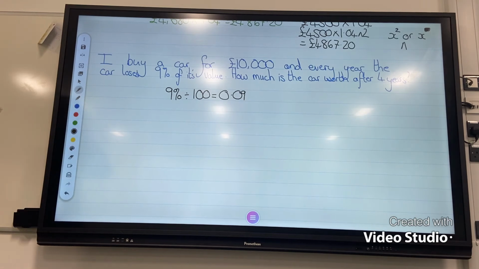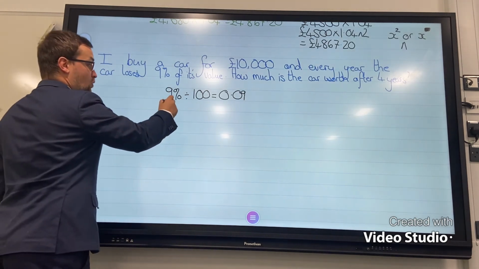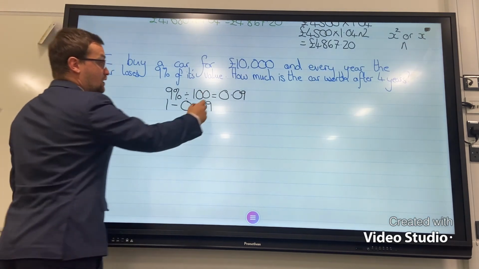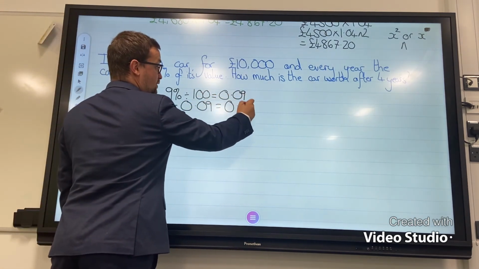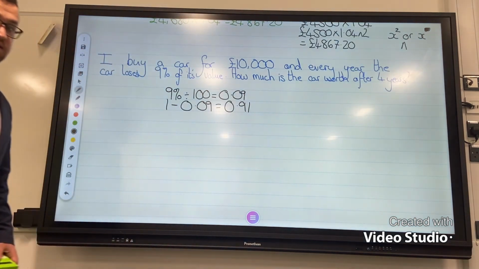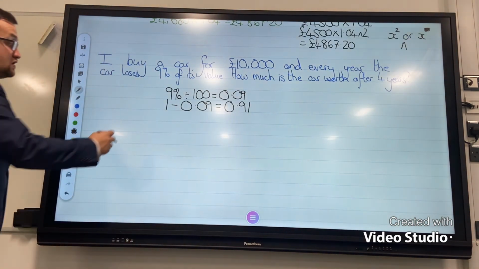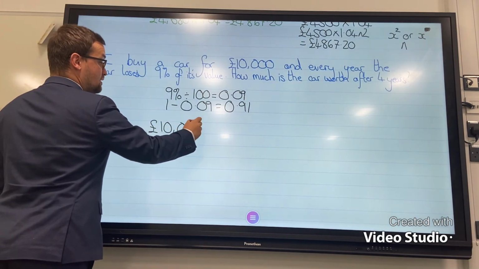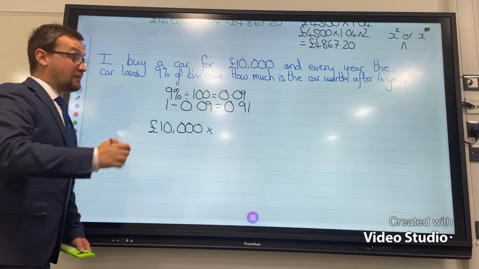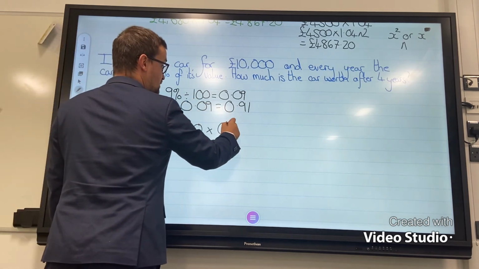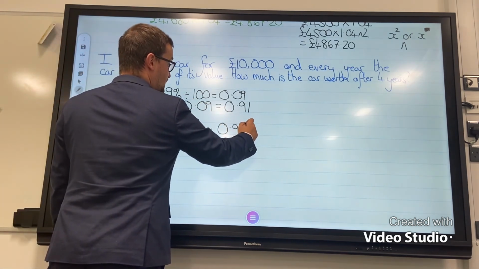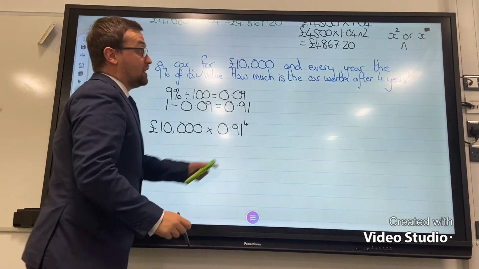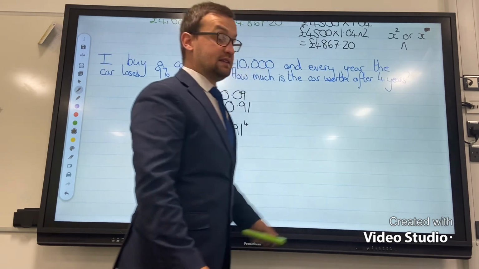Now it loses value, so instead of doing add, we're going to do 1 minus 0.09, which is 0.91. That is our multiplier this time because it loses value. So we're going to do our starting amount, 10,000, and it's still multiplied because we've got a multiplier, so times by 0.91, to the power of 4, because we've got 4 years there.